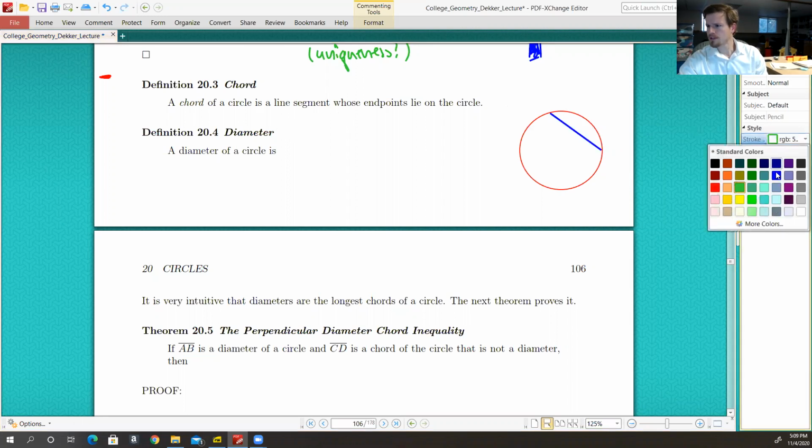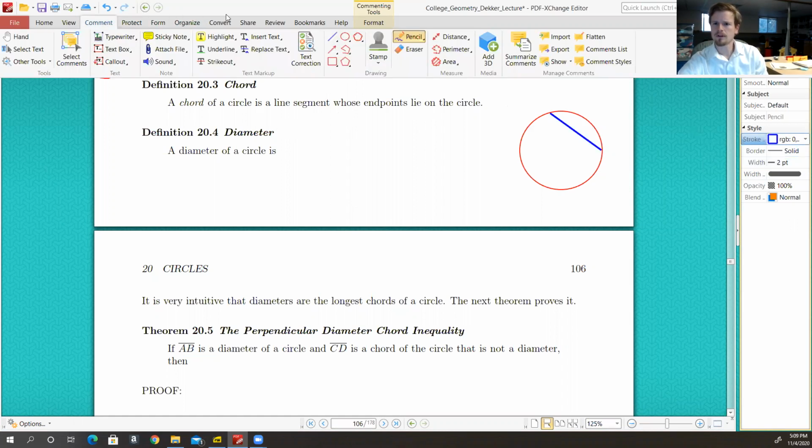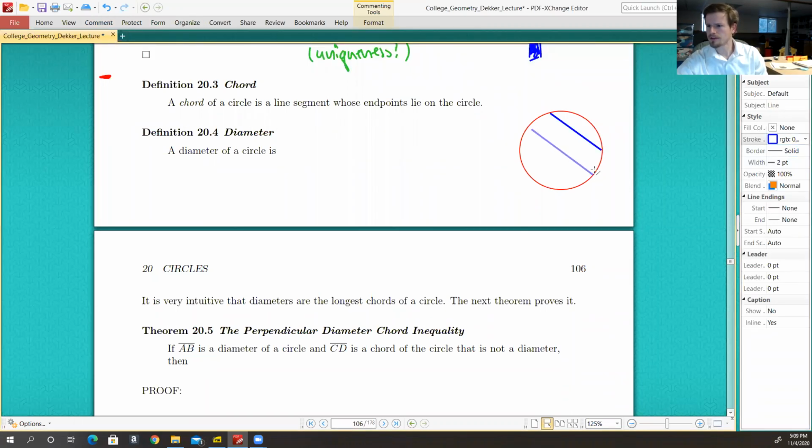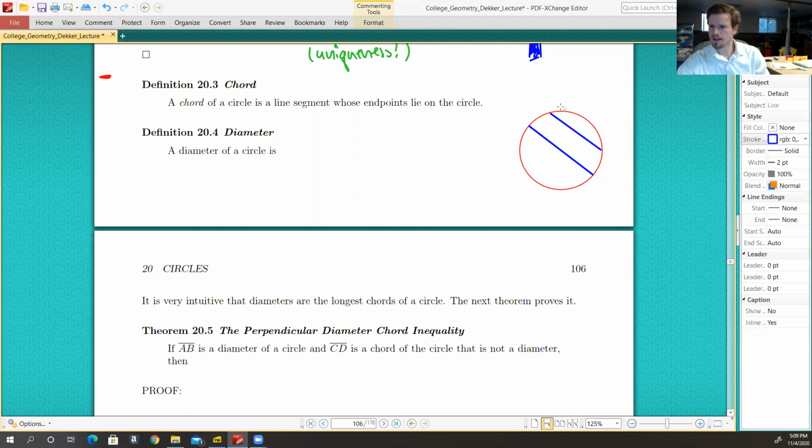Now it happens to be, of course, that we could have a chord that passes through the center of the circle. And if we have such a chord, then that chord is called a diameter.